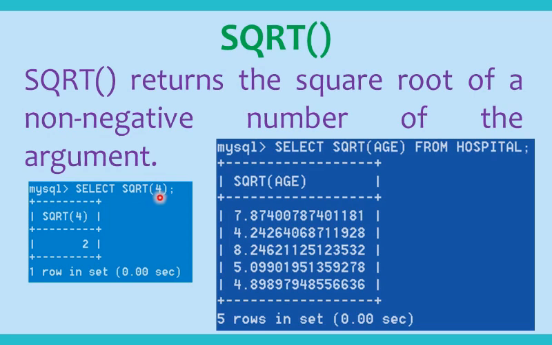Square root of 64 is 8. So it will return 8. Now see another example. Select SQRT age from hospital. It takes the age for each record from the hospital table, finds the square root and shows the square roots. There are 5 records in the table. For every record, it takes the age, finds the square root and shows it.